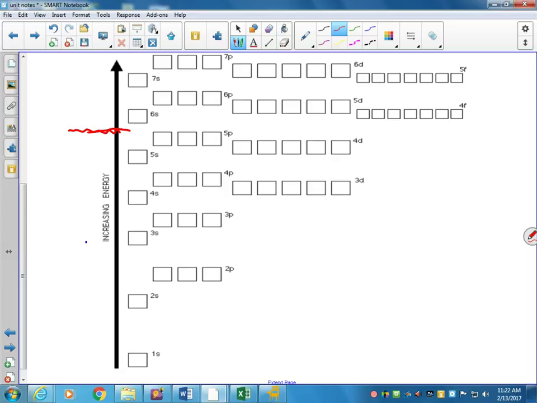I can't imagine you wanting to draw it out exactly like this. But I need you to realize what energy is the lowest to the greatest. So I use my periodic table when I'm making my energy level diagrams.